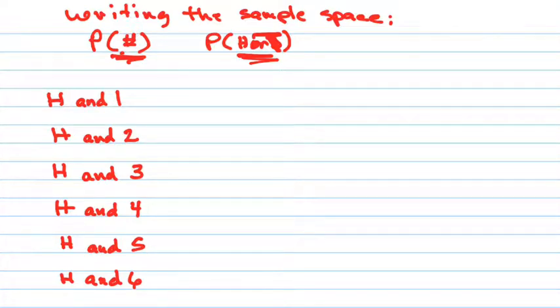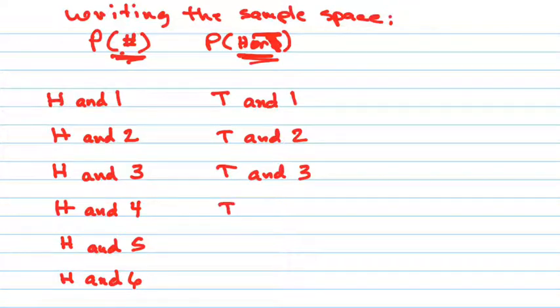Now, if I don't get a heads, I'm going to get tails. So the next list is going to be tails and a 1, tails and a 2, tails and a 3, tails and a 4, tails and a 5, tails and a 6.